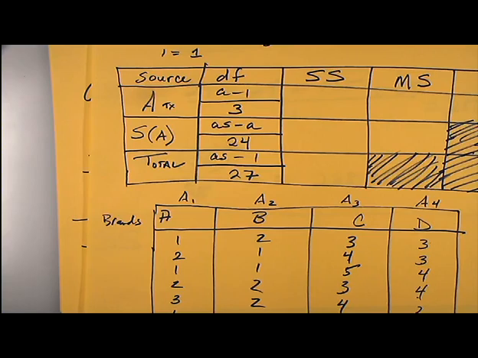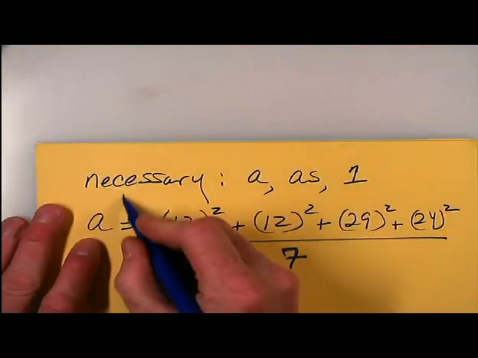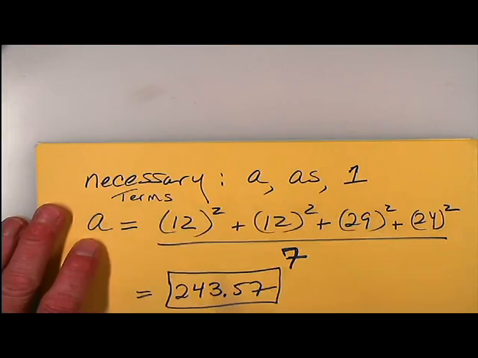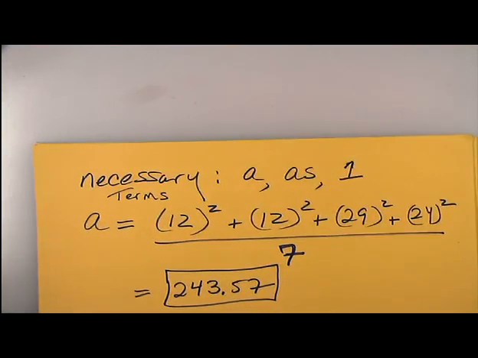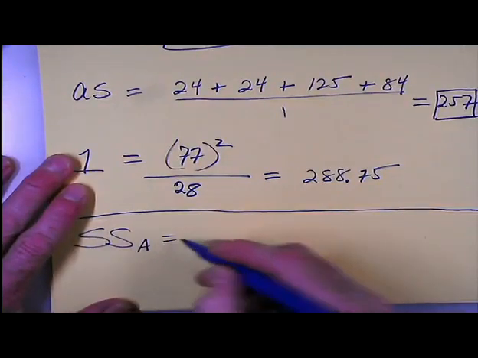They're the degrees of freedom formulas. And where are the values that go with that? What are they called? Necessary terms.